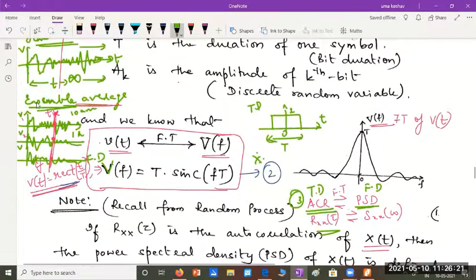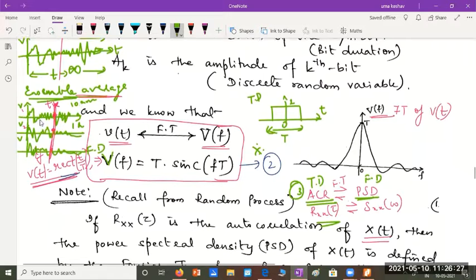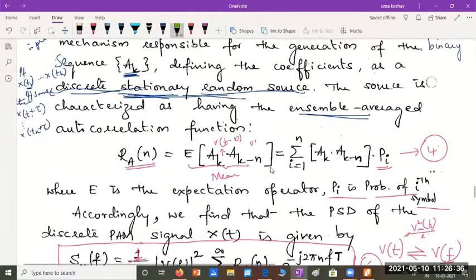Time average is the average over just one waveform. Whereas if I take hundreds and thousands of measurements and take the average at one point of time, it is the ensemble average.